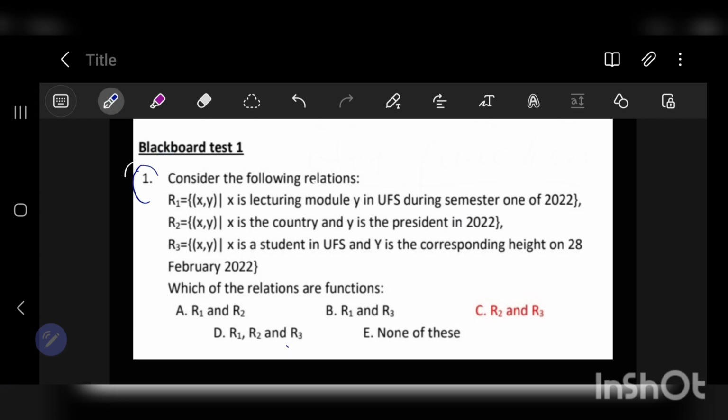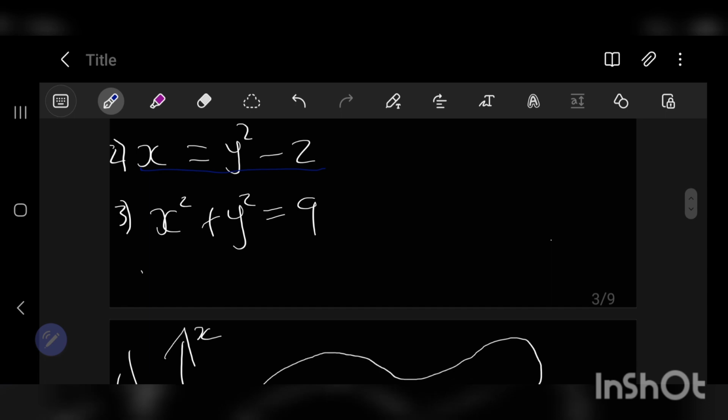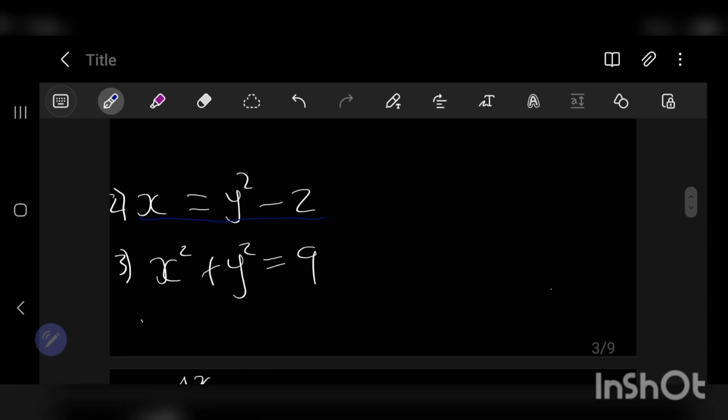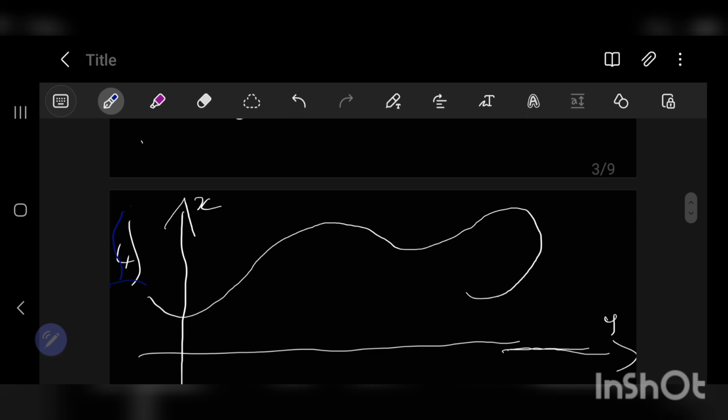Our function, or rather our relation, is given in the form of words. In our second example, we are given a relation in the form of an algebraic expression, in the form of equations. And then in number 4, we are given it in a graphical, pictorial form.